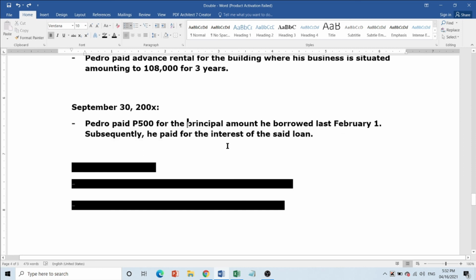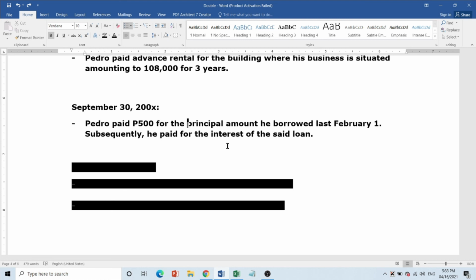So dapat kayo as a student, aware kayo kung ano yung sinasabi sa problem. You must always analyze the problem, take into account the effects of the accounts sa ating accounting equation. Always go back doon sa ating accounting equation para hindi po kayo mawala.